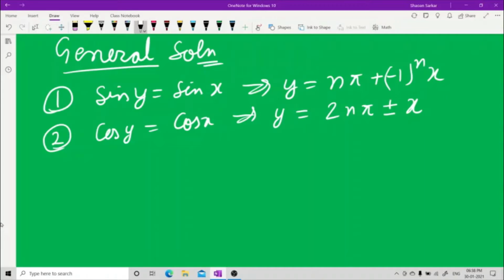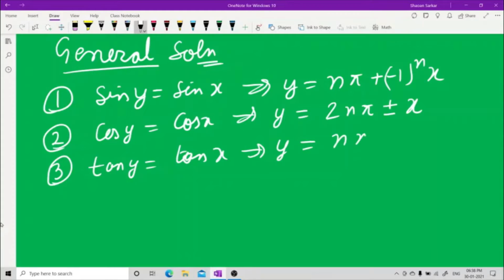Now the third one, tan y equal to tan x will give me y equal to nπ plus x. This is the thing.